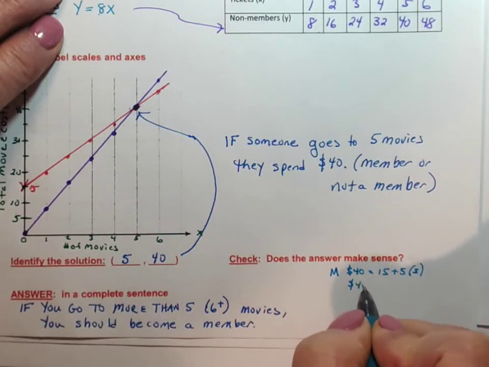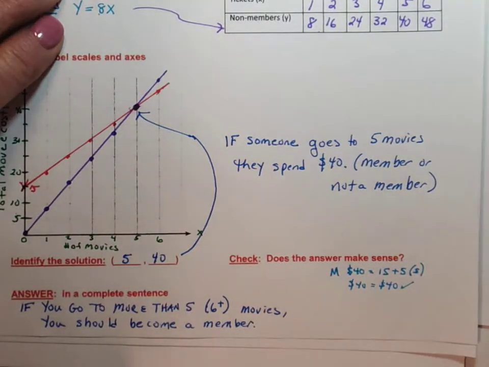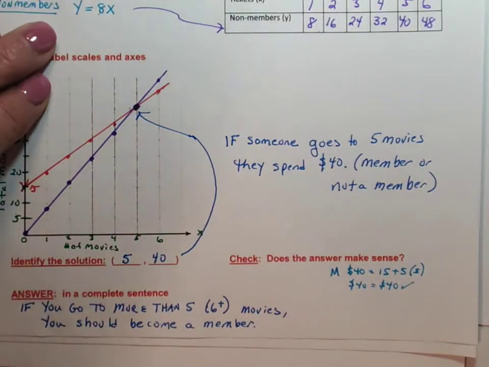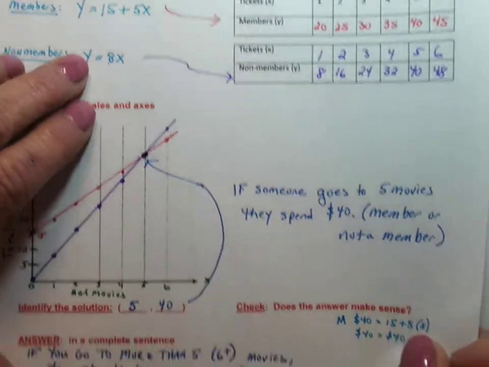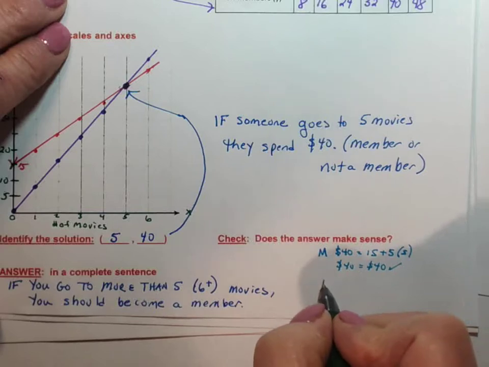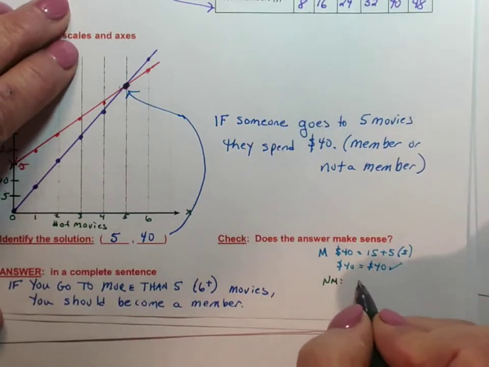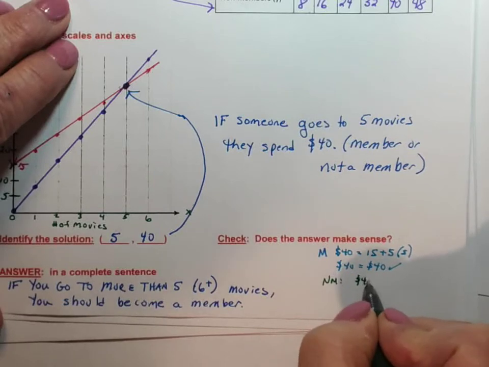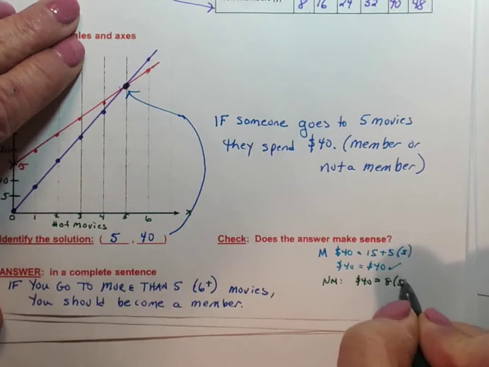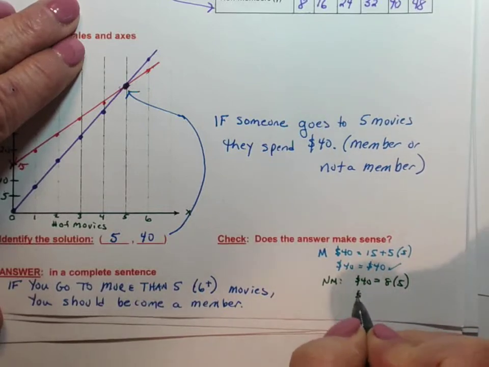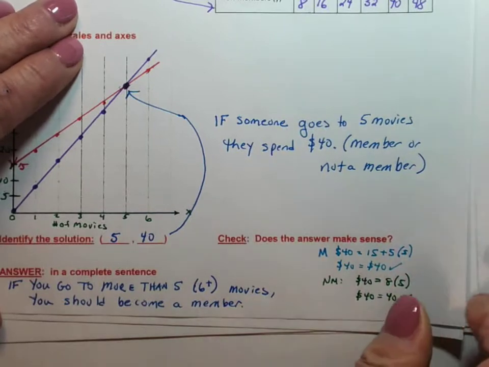So $40 equals $40. And you can see if I plug in to the non-member equation, Y is $40, and 8 times 5 movies. So $40 equals $40, and it checks.